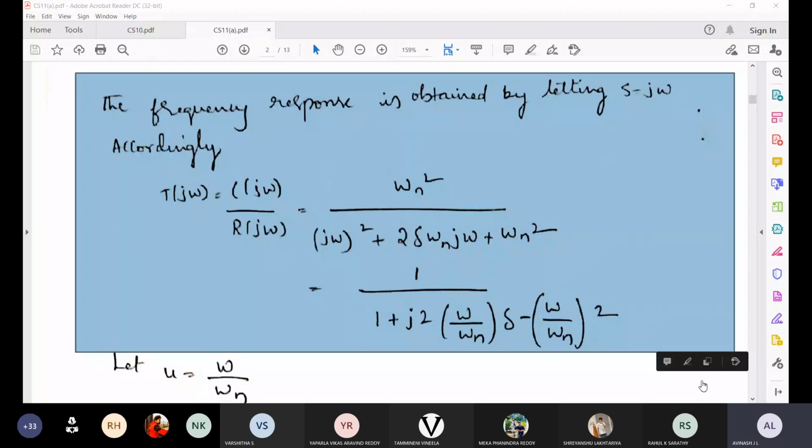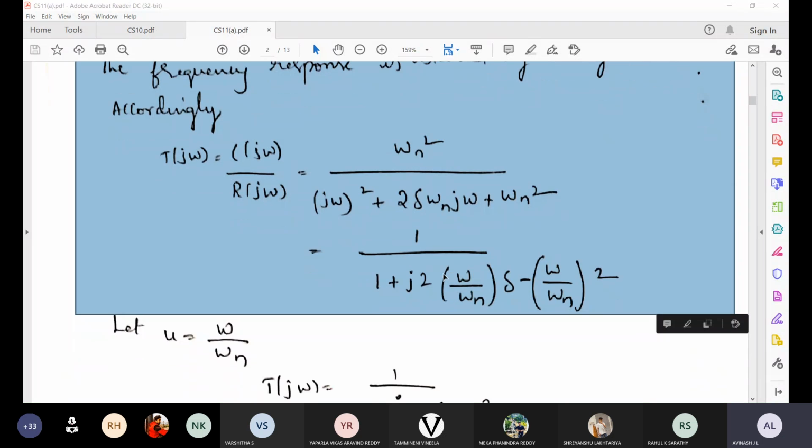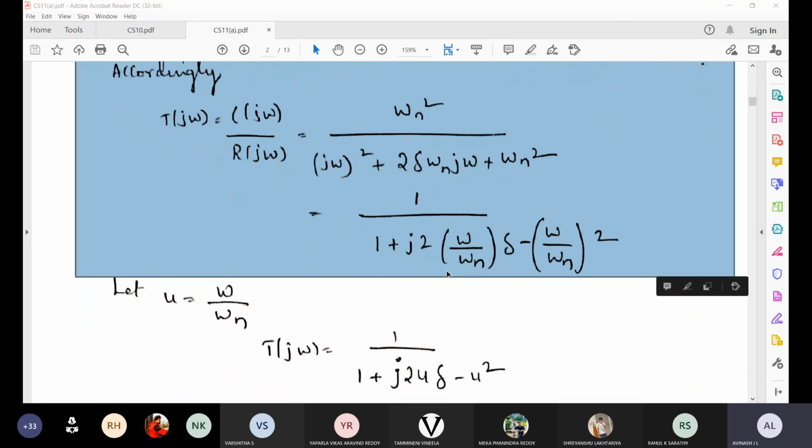That gives omega n squared divided by j omega squared plus 2 delta omega n j omega plus omega n squared. So you just do it accordingly, and you will get this equation. All of you do it and tell me whether you get the same answer.